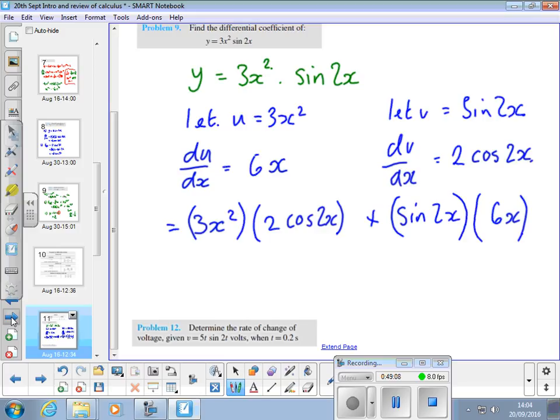Here we got 3x squared times 2, 6x squared, cos 2x plus 6x sine 2x.